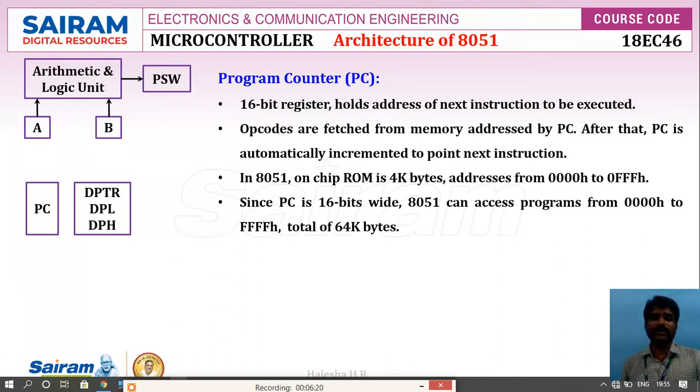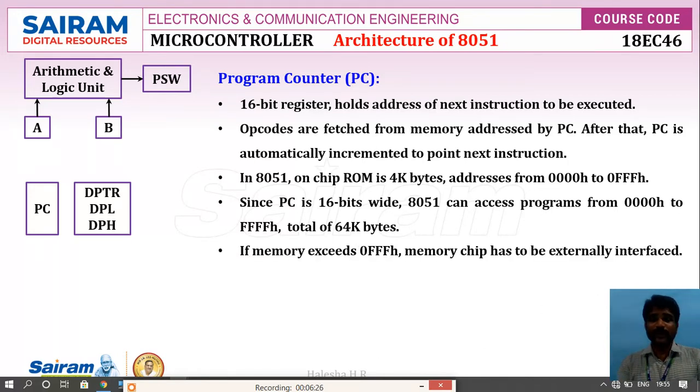That means if there are 16 address bits, we can address 64 kilobytes of memory. So if the memory exceeds the internal memory address range, which is up to 0FFH, automatically it points to external memory, which has to be interfaced externally.